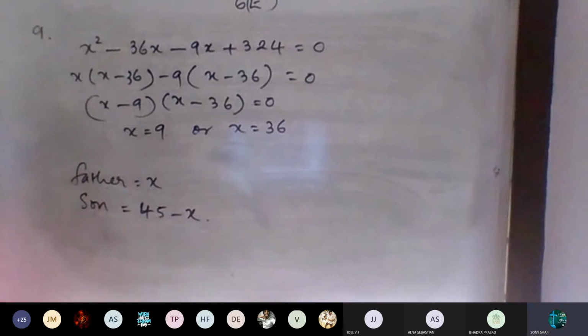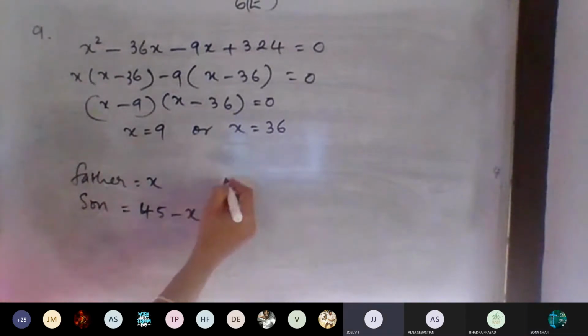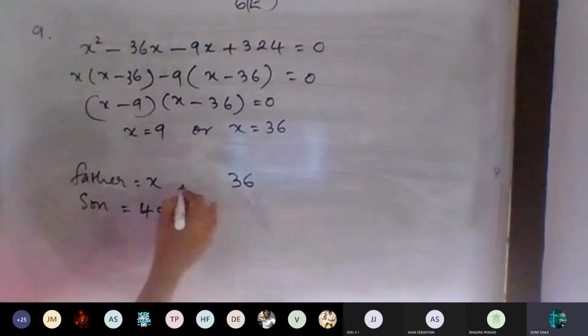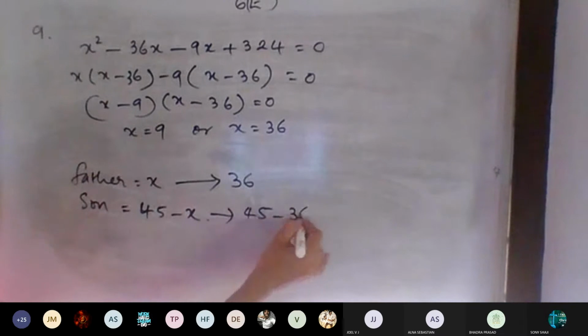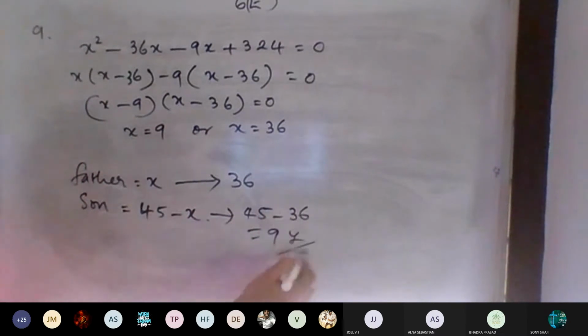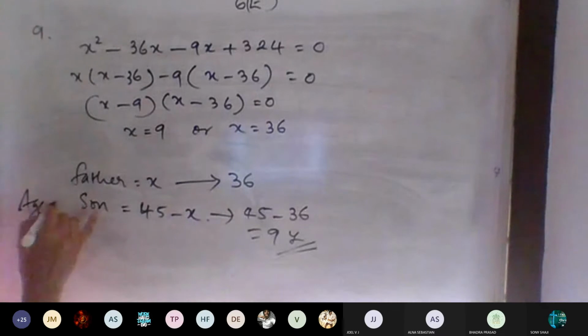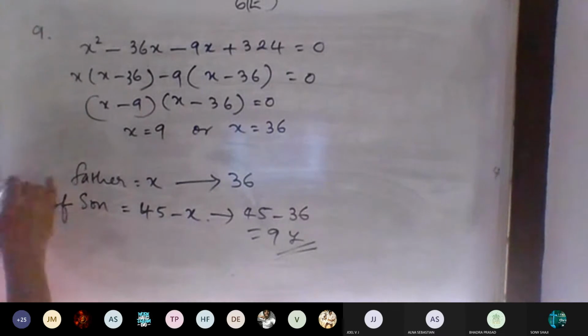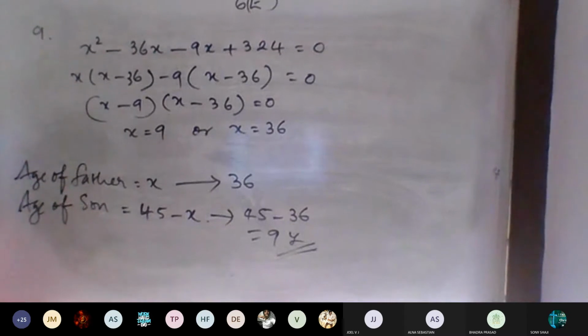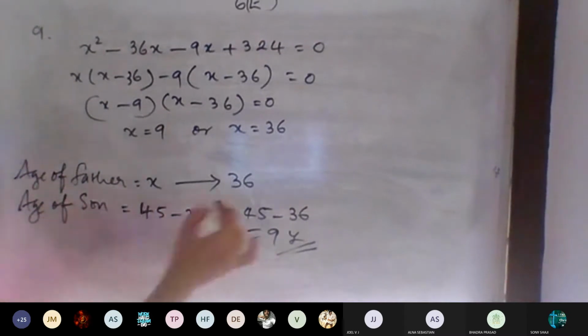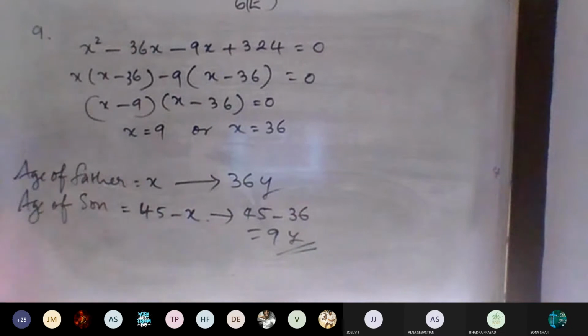It is 36. So 45 minus 36 is equal to 9. Therefore, age of father is equal to 36 years and the age of son is equal to 9 years.